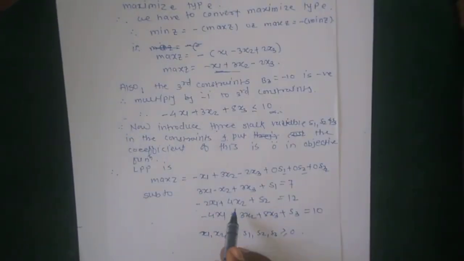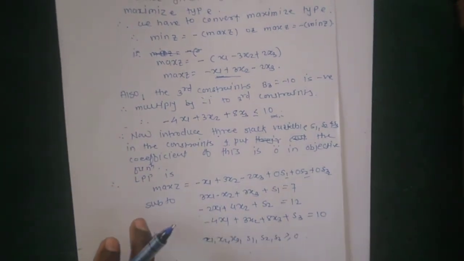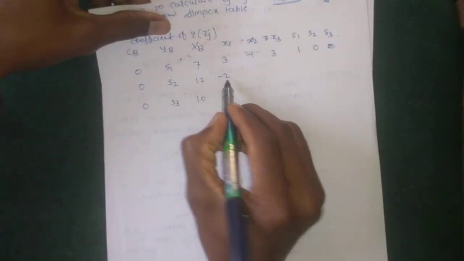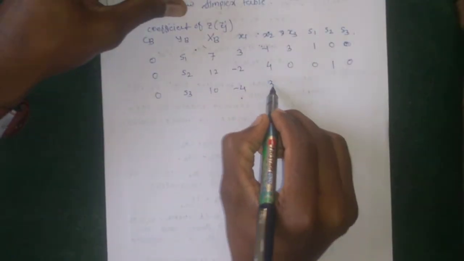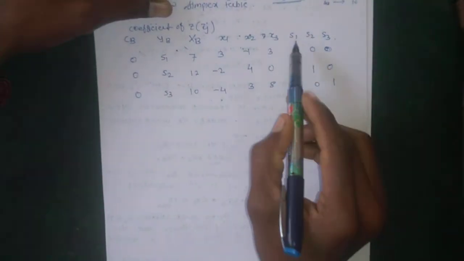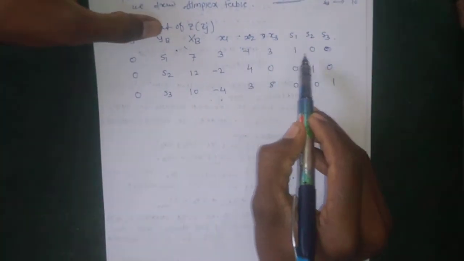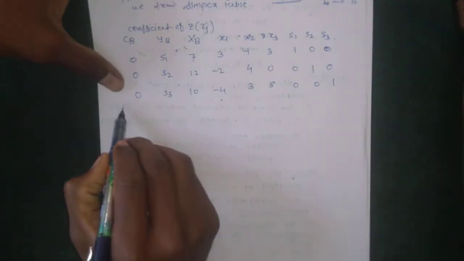Then for the second: minus 2, 4, 0, 0, 1, 0. And lastly the last constraint is minus 4, 3, 8, and this is 0, 0, 1. Because s1 is only in the first constraint, s2 is only in the second constraint and s3 is only in the third constraint.